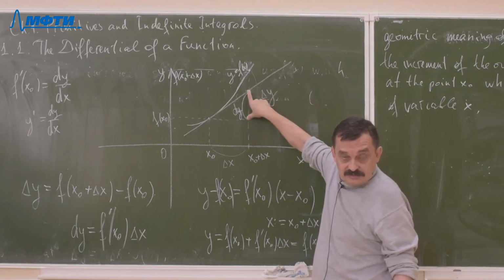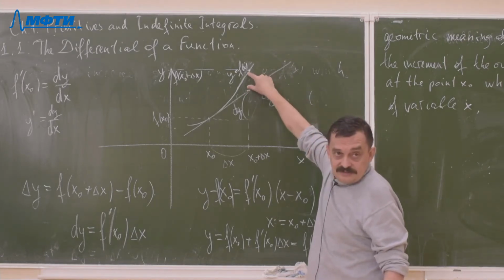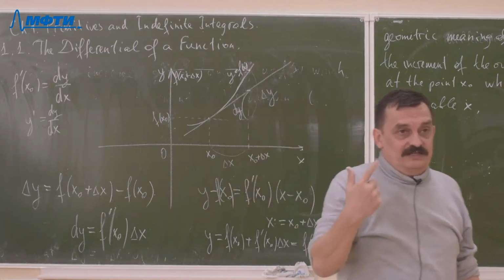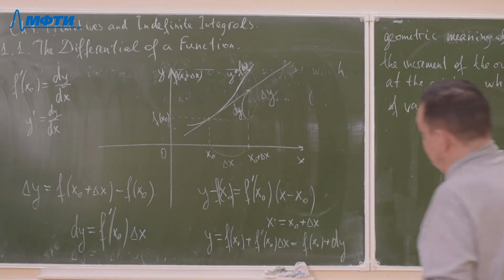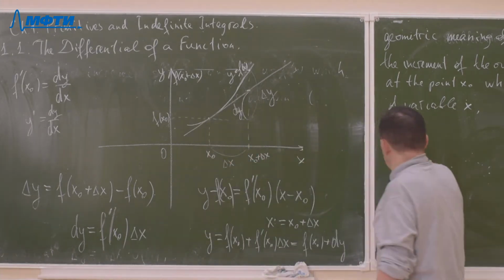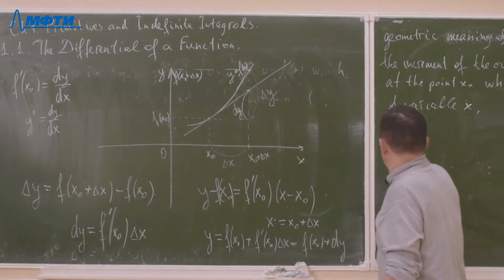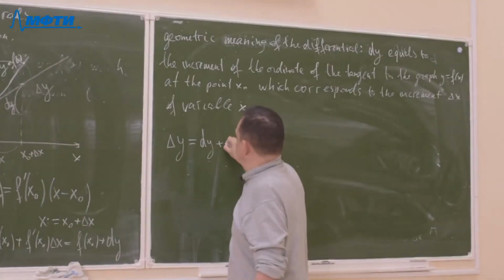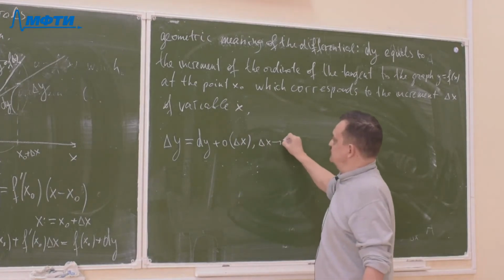What does it mean? It means that the difference between them is little o of delta x. Remember the definition: delta y equals dy plus little o of delta x, as delta x tends to 0.